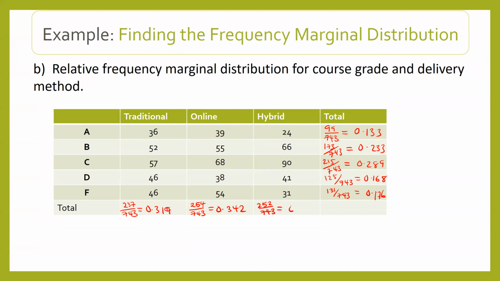That would be 0.339. If you sum across, you should get 1 or approximately 1. Sometimes the approximation we have done may not be very accurate, a little above 1 or a little below 1, but the idea is to get 1. All right, so that is what relative frequency marginal distribution will give us.